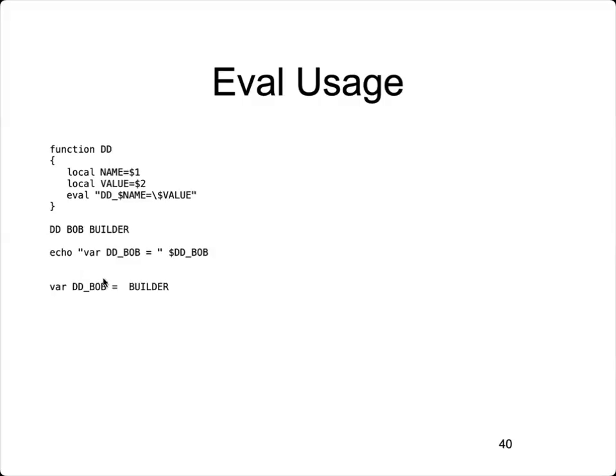So when we run that, we get the output DD Bob equals builder here on that echo line. Handy to know in some cases where your variables have to be variable.